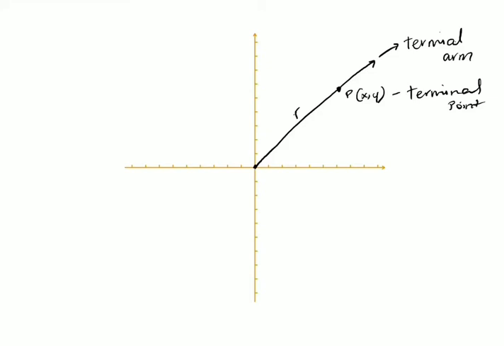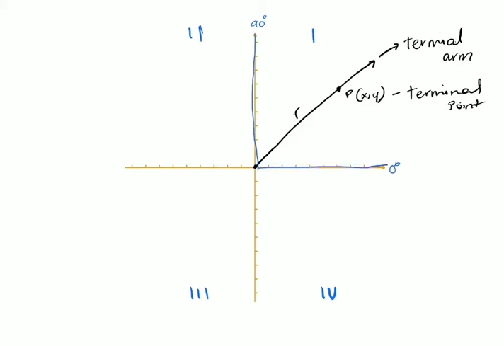One of the other things that we have to remember is that our coordinate plane has 4 quadrants. We have quadrant 1, quadrant 2, quadrant 3, and quadrant 4. Quadrant 1 is from 0 degrees to 90 degrees, right? So that's why it's right here.